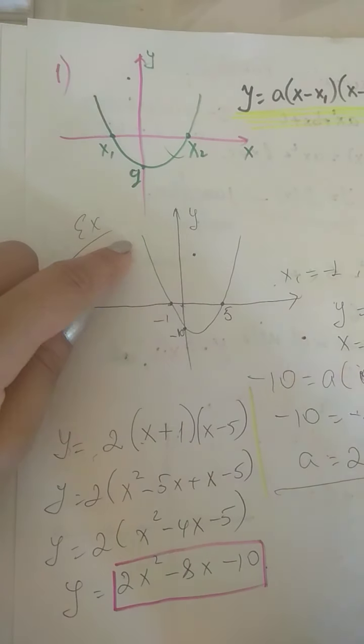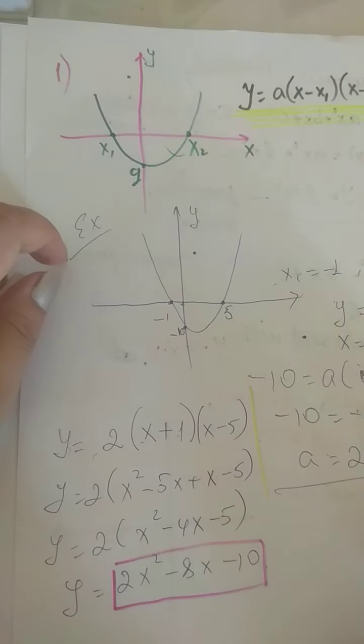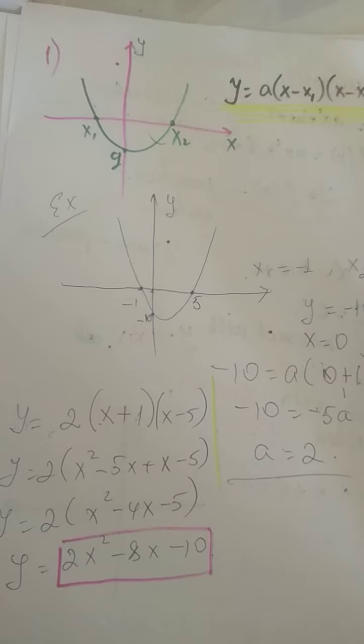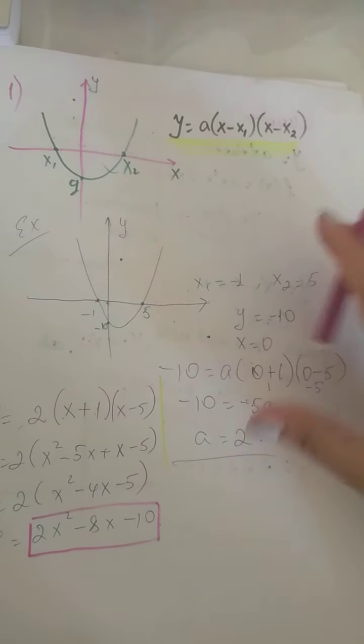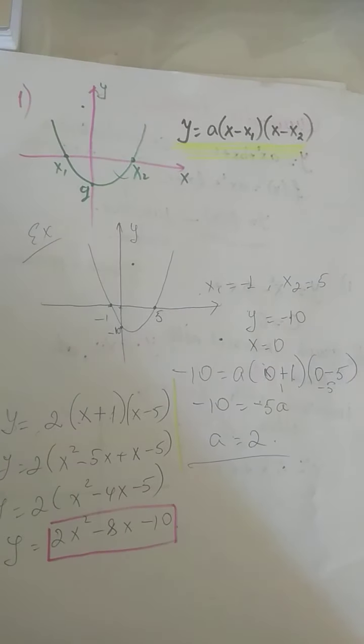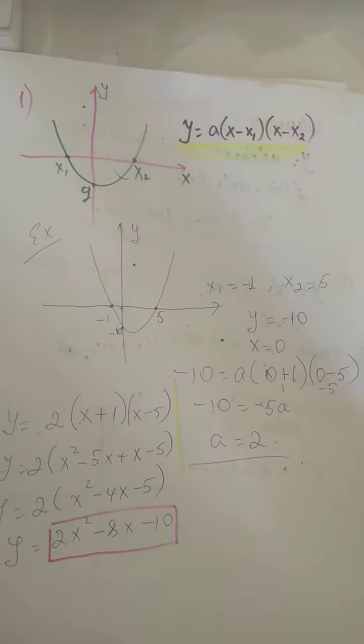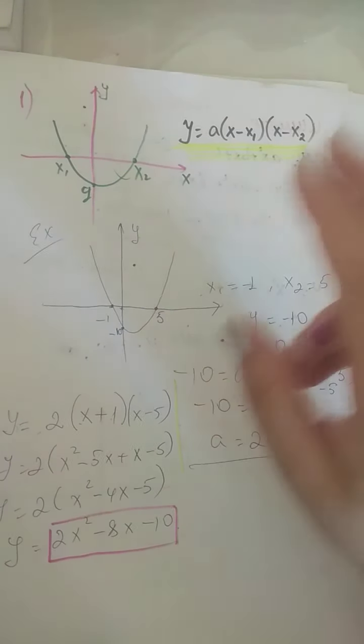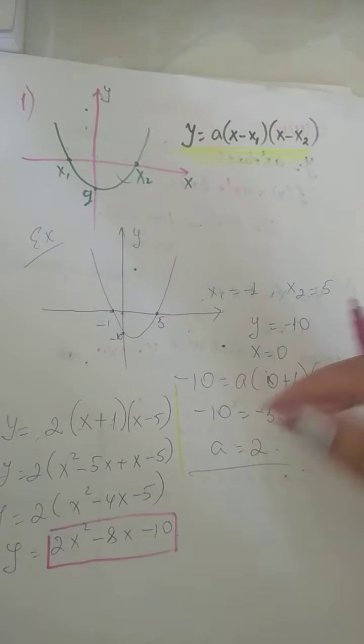So we found the function of the graph. It is 2x squared minus 8x minus 10. I think you can get it, guys, be careful. So after watching, take a note. When you see the graph intersect with the x-axis at 2 points, then use this formula and do it like that, okay?